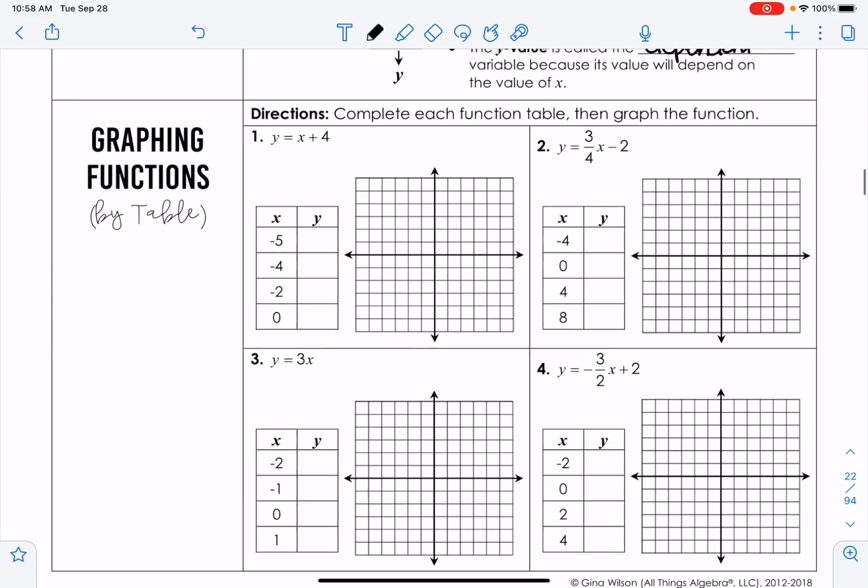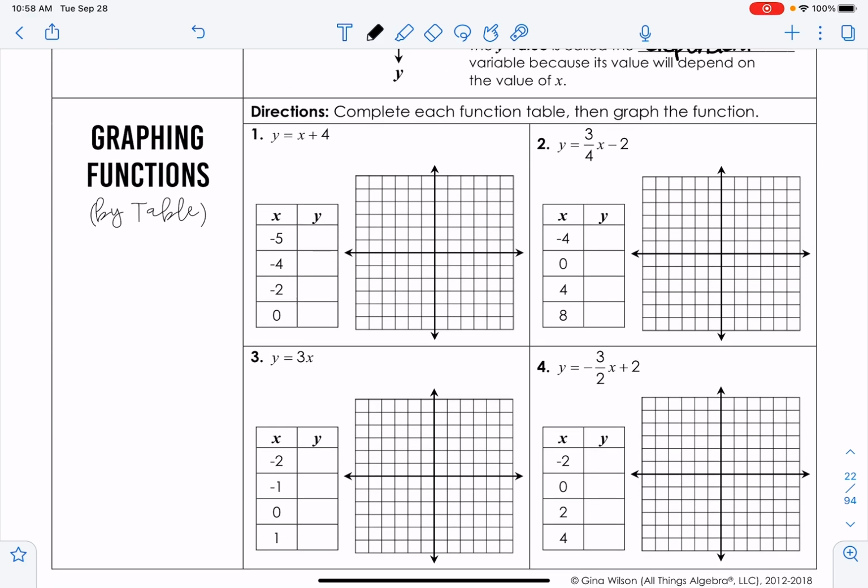All right. So graphing functions by a table. You're going to complete each function table, then graph the function. For number one, what's very important to us is the actual rule. Our rule here is x plus 4. This is our function rule, and the function rule tells you how to get your output.